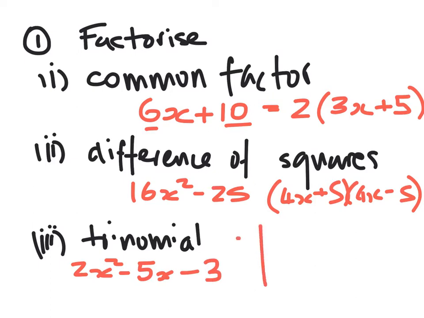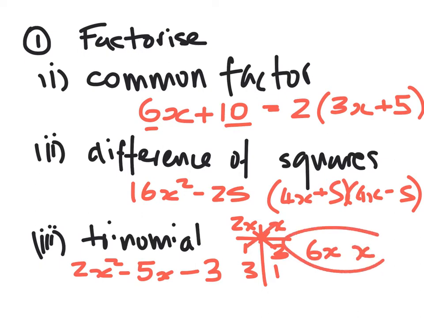Then we do a little table method. 2x and x, how do you make 3? 1 times 3, 3 times 1. Do a wee bit of cross multiplying. 2 times 3 is 6. 1 times x is x. Can I use these to get negative 5? Yep. Negative 6 plus 1. So the negative sign with the 3. So I'm thinking 2x plus 1, x minus 3.